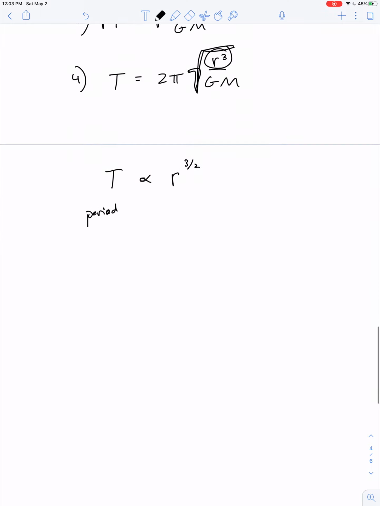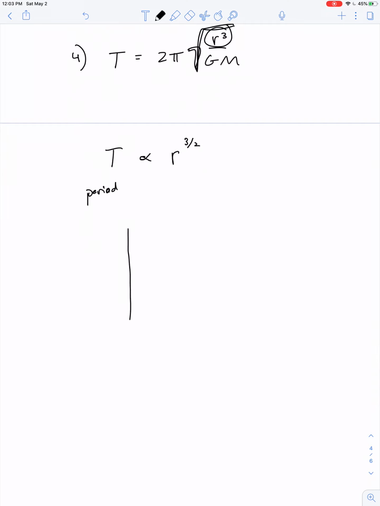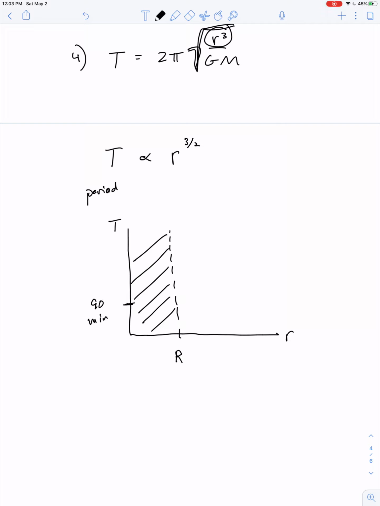Okay, so what's that suggest if we make a graph of period versus orbital radius, and one more time make the point that there's no need to graph anywhere within that shaded region. So let's start at about 90 minutes. So this is a graph for the case of the Earth.